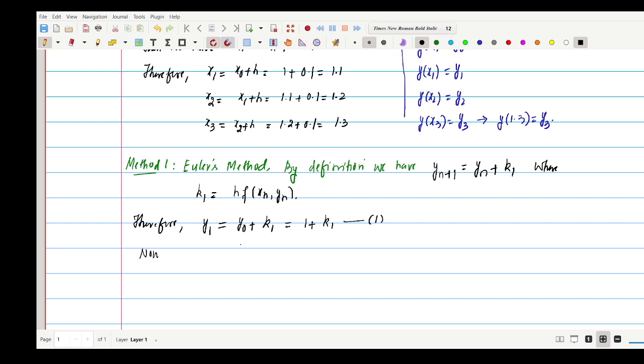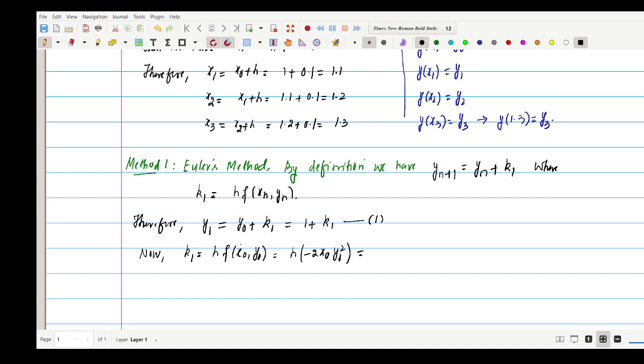So now k1, by our definition, is equal to h f of x0 y0, because we have to put n equal to 0 here in the definition of k1 also. So this is equal to h times f of x0 y0, that is minus 2 x0 into y0 square.